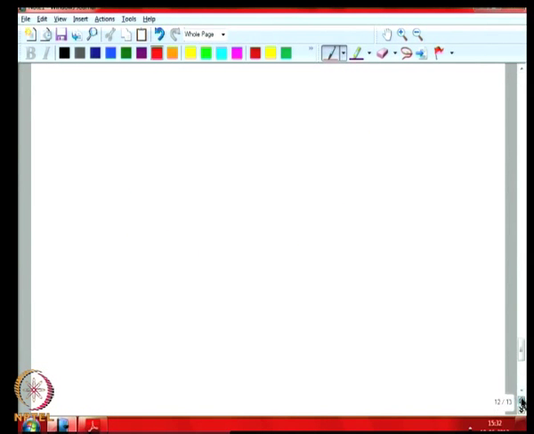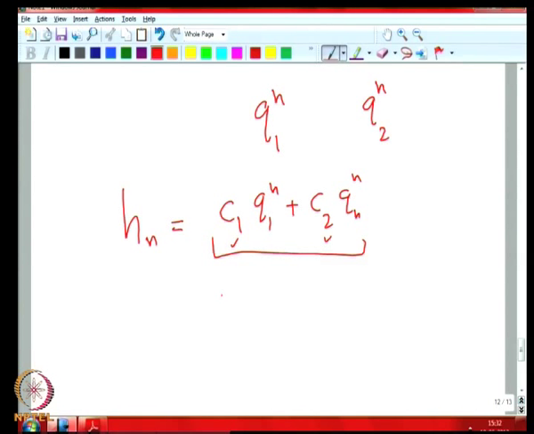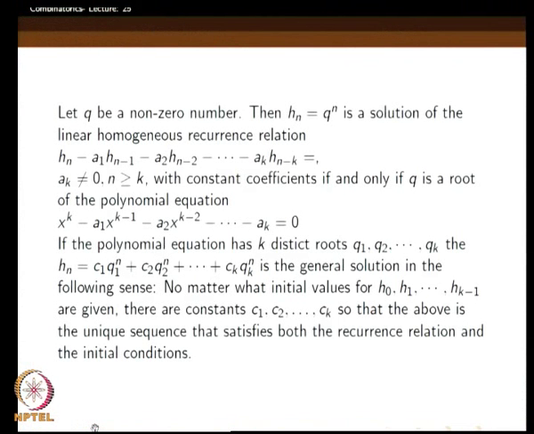See, I used a small recurrence relation, the case where k equal to 2, that means a recurrence relation of order 2, to illustrate this thing. It is easier to explain, that is why it was selected, but we can do it for the order k case without much difficulty, right. So, that is what is written here.